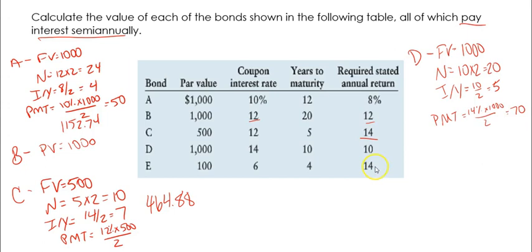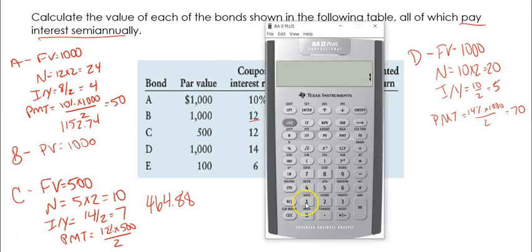So let's calculate that on our calculator. $1,000 future value, 20 periods, 5% periodic rate, and a payment of $70. Compute the present value. So this bond is paying 14% while the required return is 10%, so it should trade at a premium, and we see that, $1,249.24.